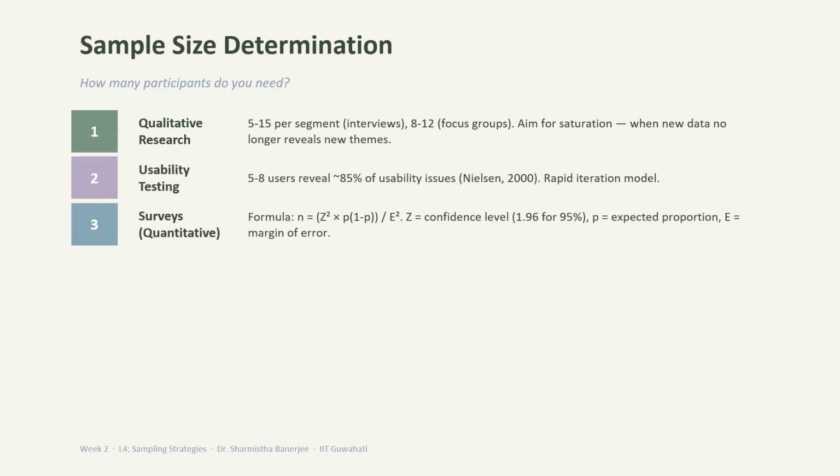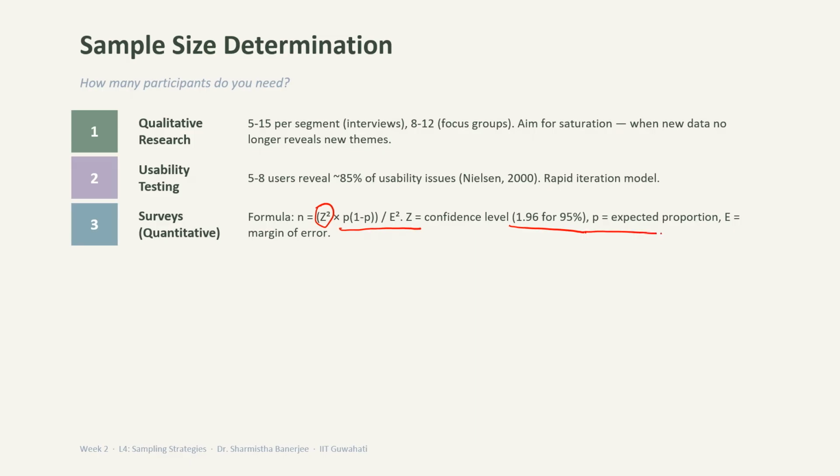Surveys which are supposed to be analyzed using quantitative methods. So, the formula over here is n = z² × p(1 − p) / e². The z component over here is about the confidence level that you are looking at. Usually most of the research that happens in the context of design targets a confidence level of 95%, that is the minimum.